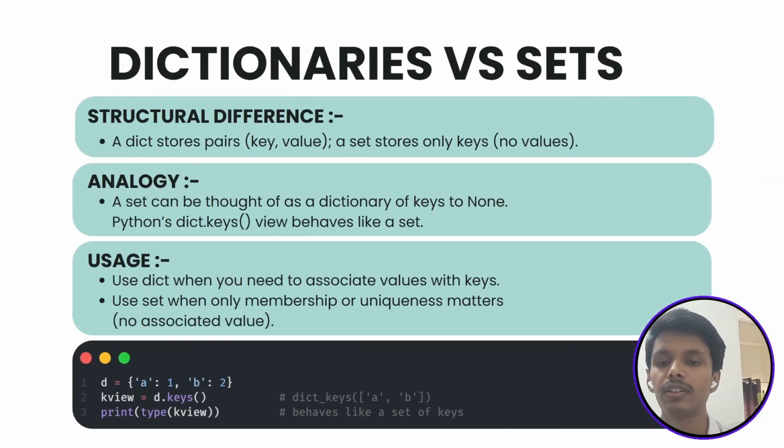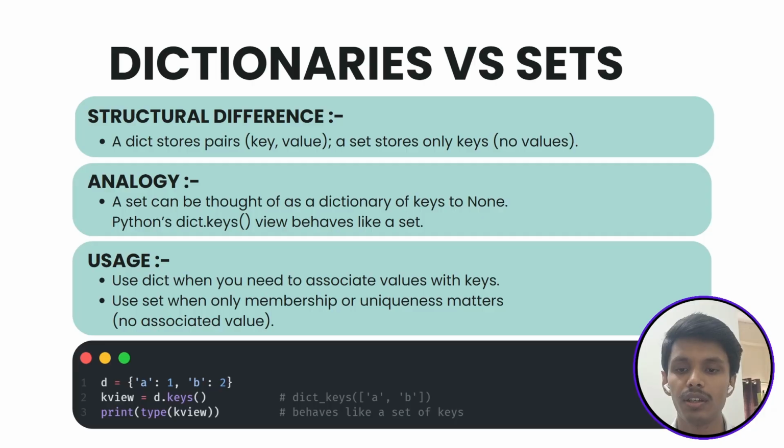We see a comparison between dictionaries and sets in slide 12. Although dictionaries and sets are quite different, they both use a hash table internally. A dictionary stores key value pairs, and a set only stores keys. You can think of a set as a dictionary where all values are the same.